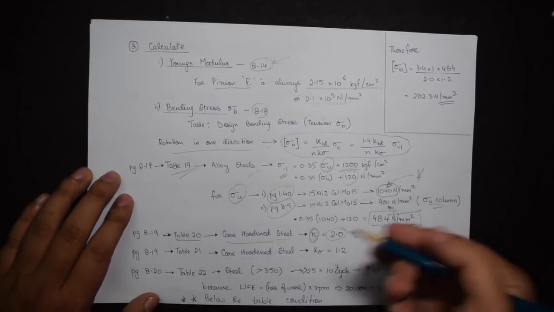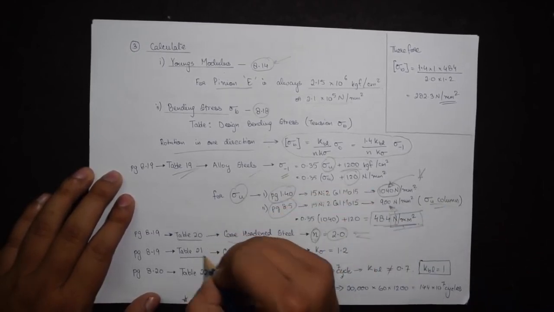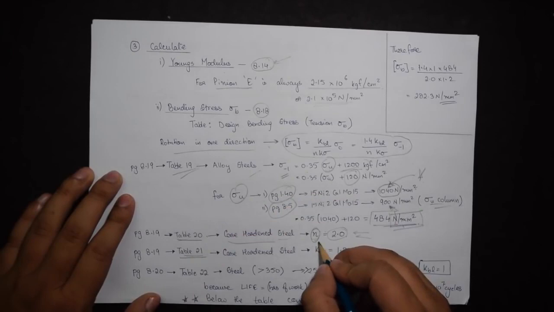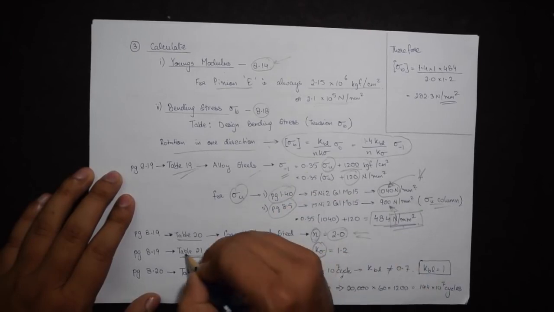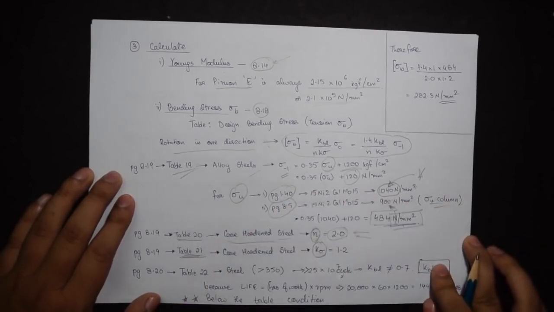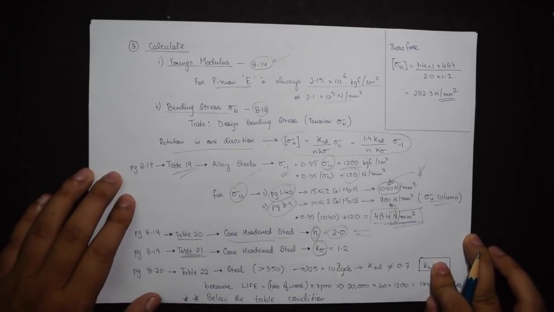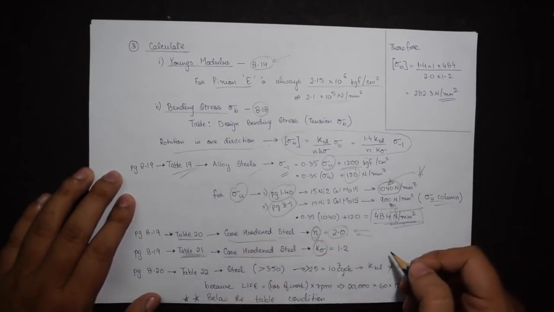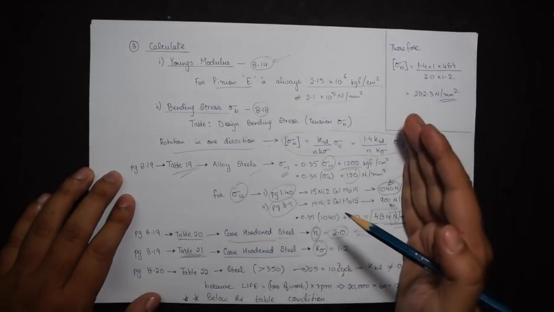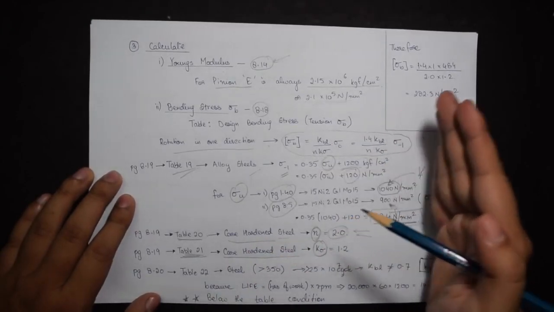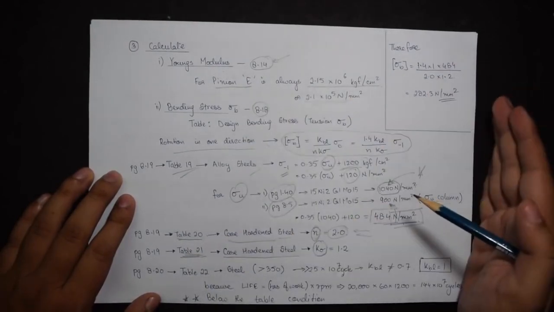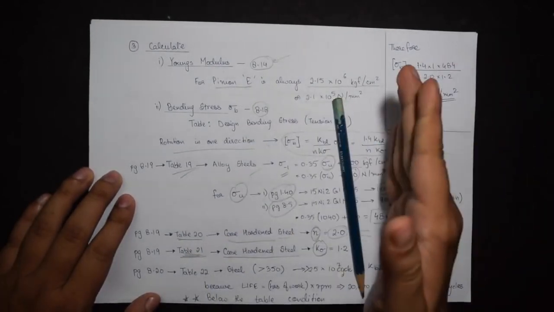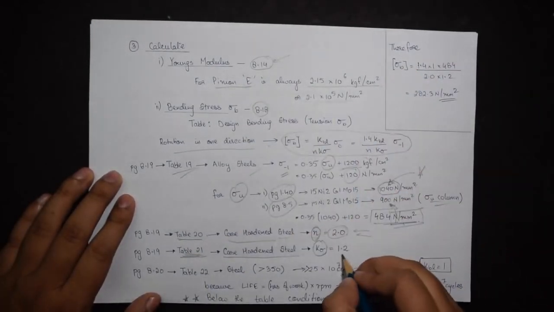Continuing further, we have the value of stress concentration factor for the fillet, K sigma, in table number 21. Case hardened steel has three values: when x is less than 0, and when x is greater than 0.2. If none of the conditions are given, we'll choose the center value, which is K sigma equal to 1.2.